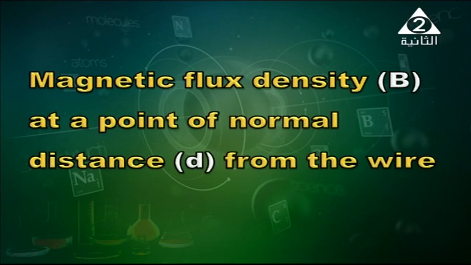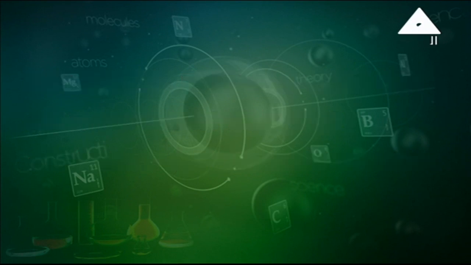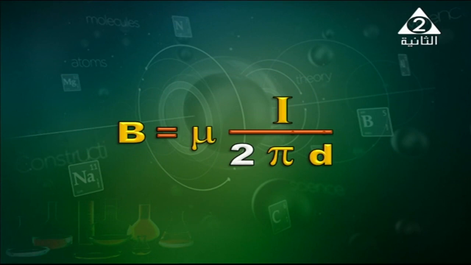Magnetic flux density is denoted by capital B. Magnetic flux density at a point of normal distance d from the wire is calculated from the expression B equals mu I over 2 pi d.